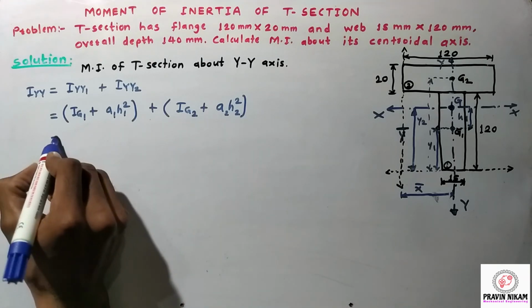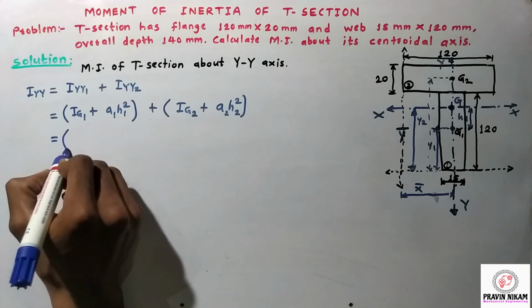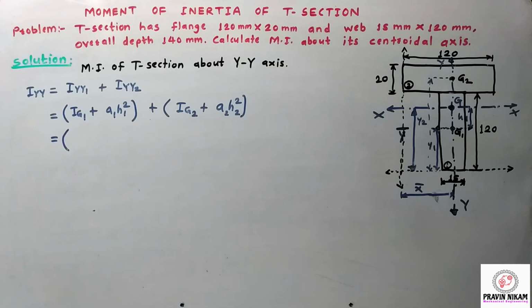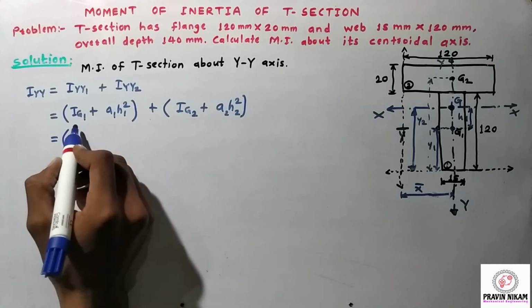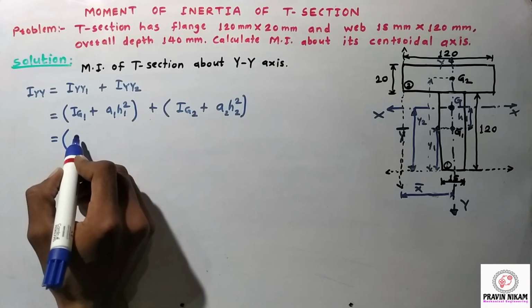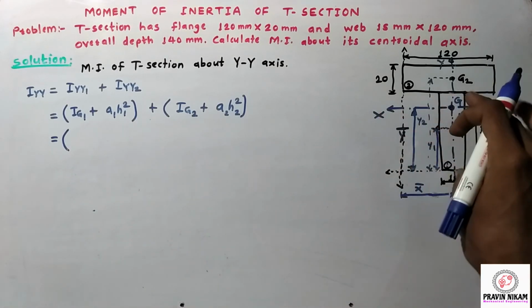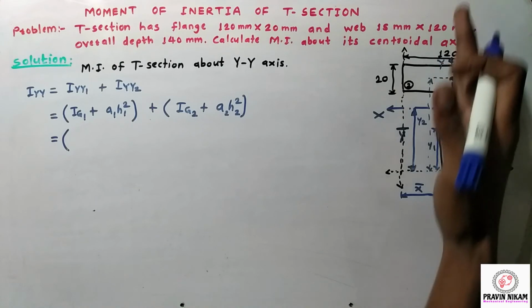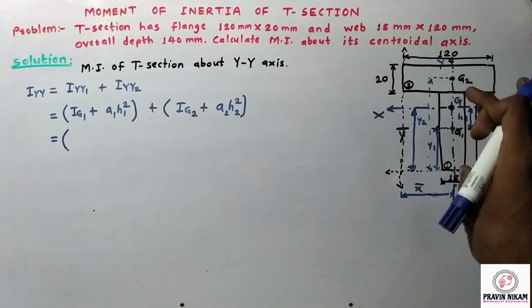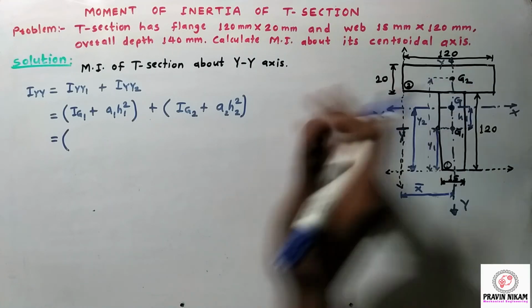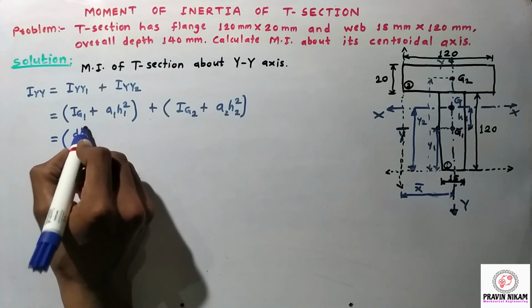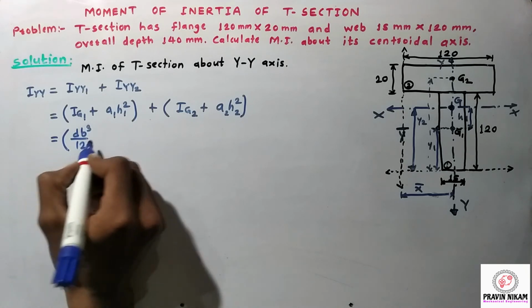So let us see Ig1, that is, this Ig1 is nothing but moment of inertia of section 1 about y axis. So for section 1 we know for rectangular section Iyy is dB cube divided by 12. So here dB cube divided by 12.